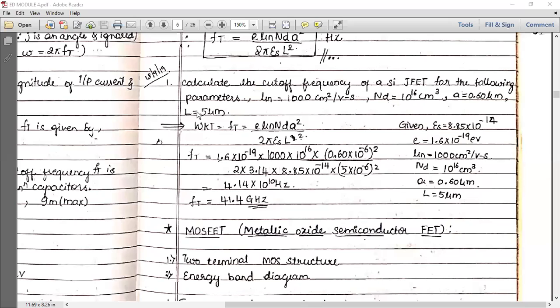The answer is 2.88 gigahertz. That's the correct answer. Don't write only 2.88 hertz. You should mention the units, and write the 10 raised to values also. I'm expecting everyone to respond in the chat box.